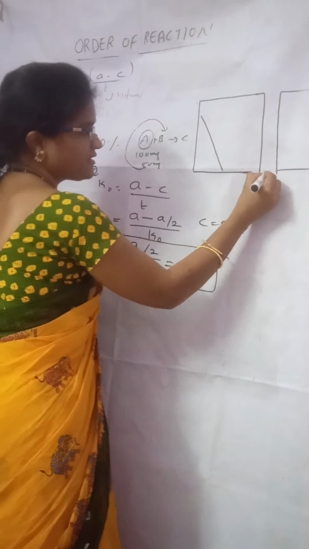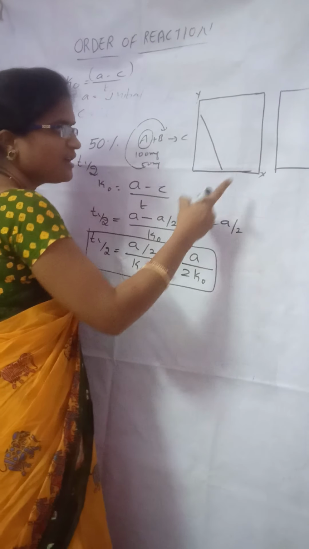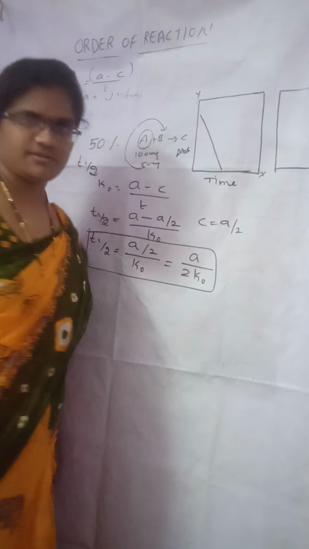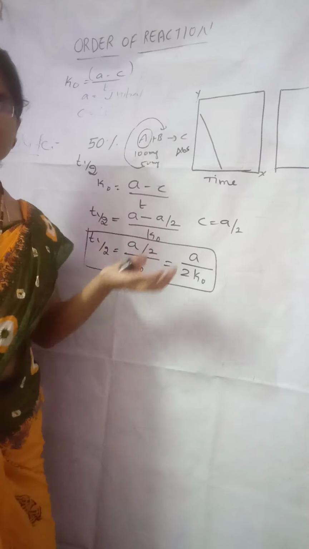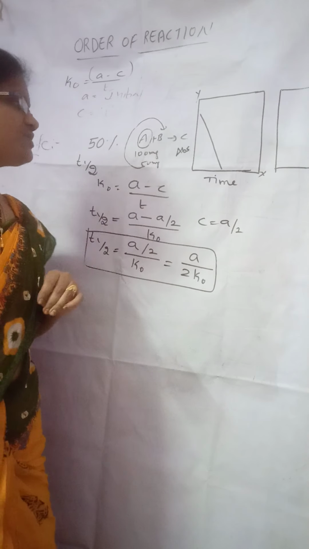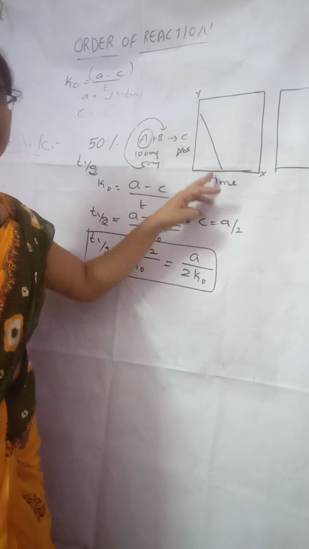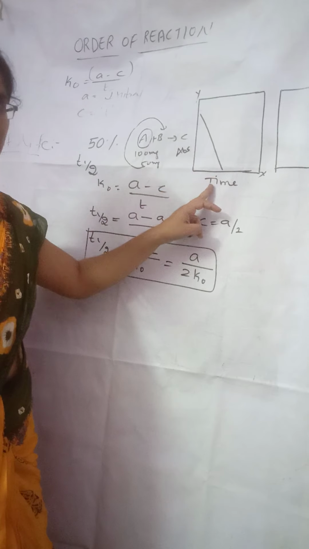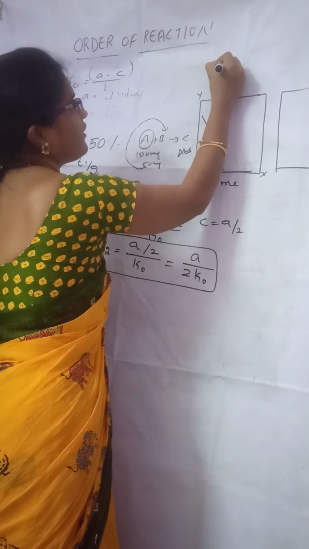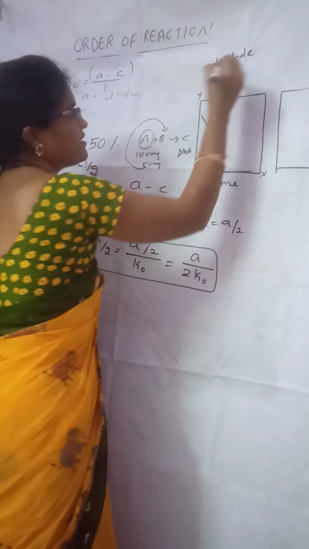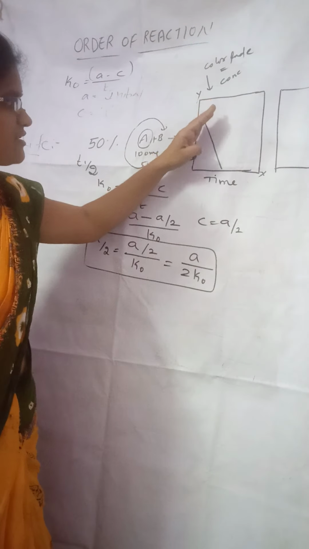On the x-axis you take time, and on the y-axis you take absorbance, which indicates the concentration. As you already know, A is the absorbance, which indicates the concentration of reactant. If you get a graph in this manner, you can say the color fade is equal to decrease in the concentration. As the concentration decreases, the color fade also decreases. That is the meaning, and here you will get a negative slope.